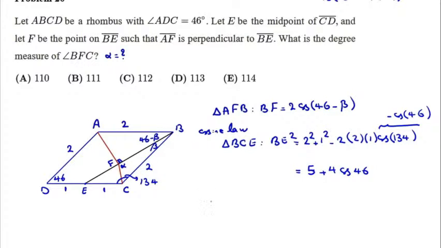For example, in triangle BEC, if we use sine rule, I told before exam, sine rule, cosine law. EC over sine beta equals BE over sine 134.